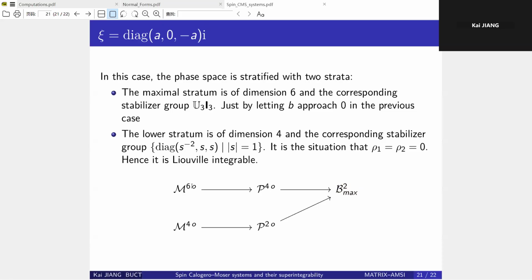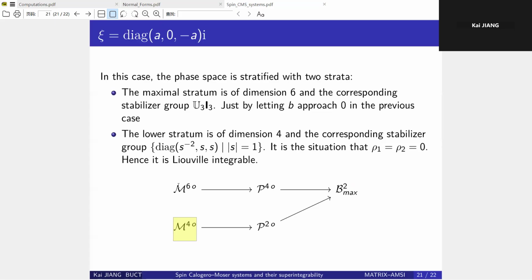So we can find an open dense subset on this six-dimensional space, going to this 4-dimensional middle space, the Poisson space, and to this 2-dimensional base space. The lower dimensional space is the 4-dimensional space of the phase space and the 2-dimensional space in the middle, and it goes to the base space.